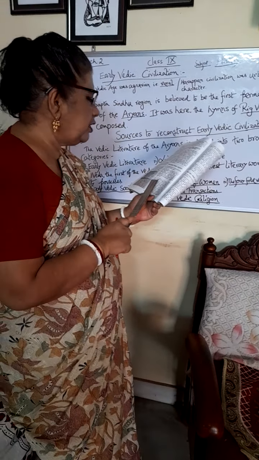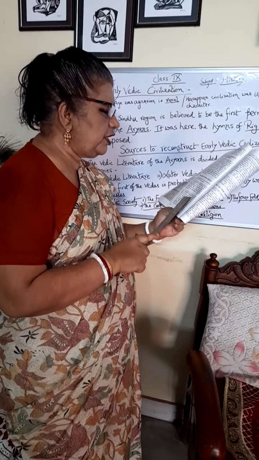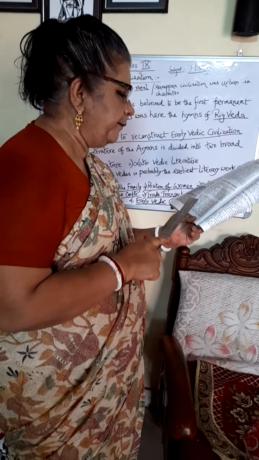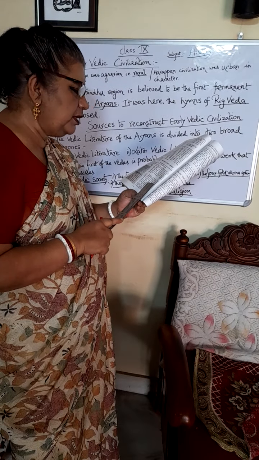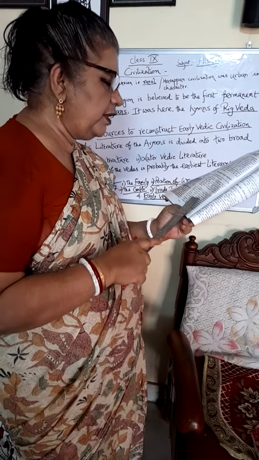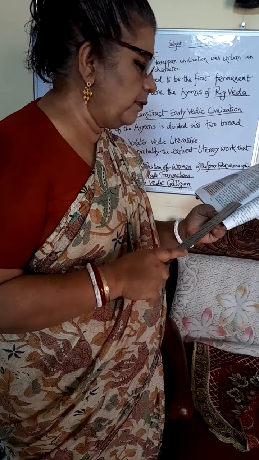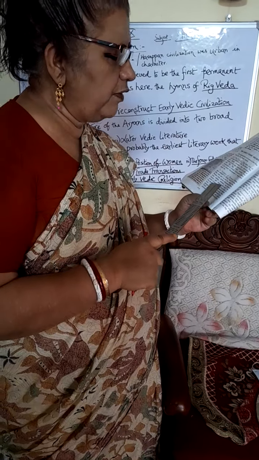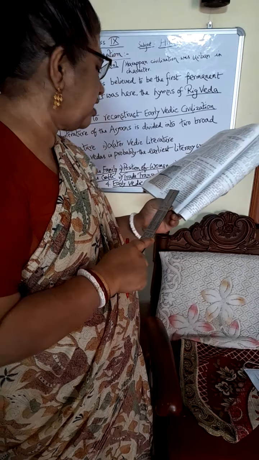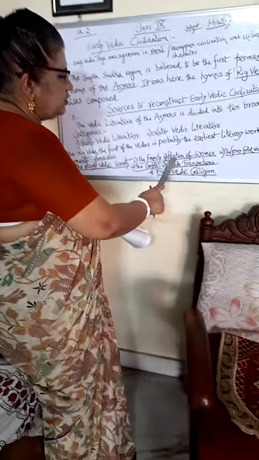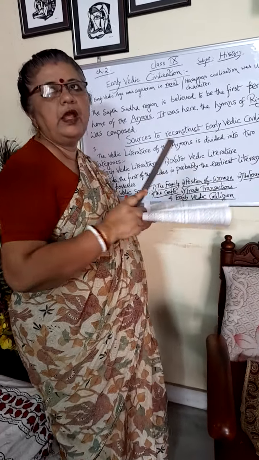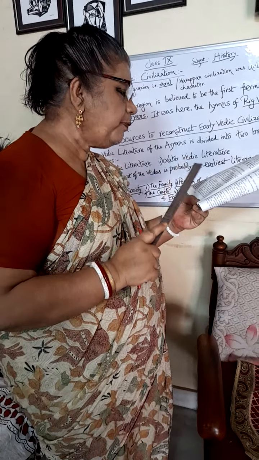Number two, position of women. Women were treated as being equal with men. They took part in all religious rites. Women were given education, and there were women scholars who composed hymns and were well versed in the sacred scriptures. So my students, the position of the woman plays a very important role.